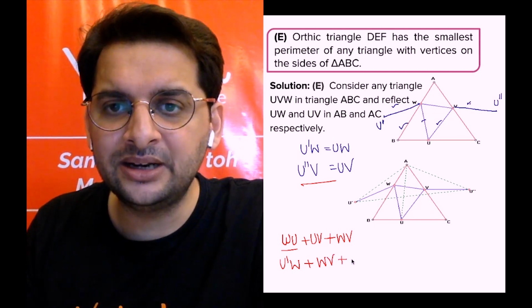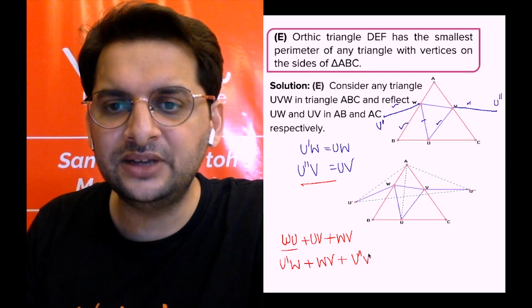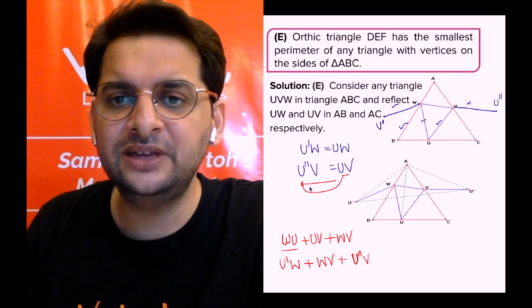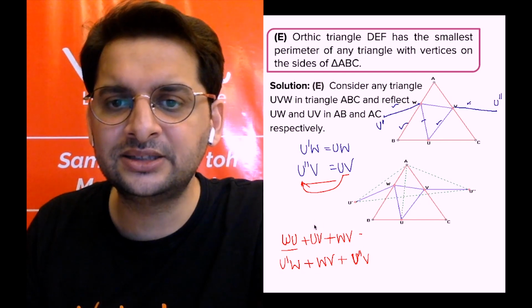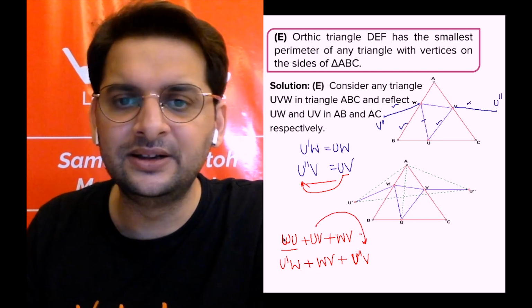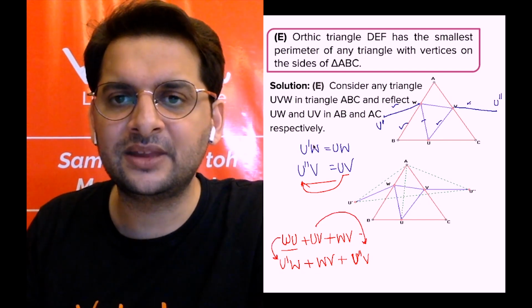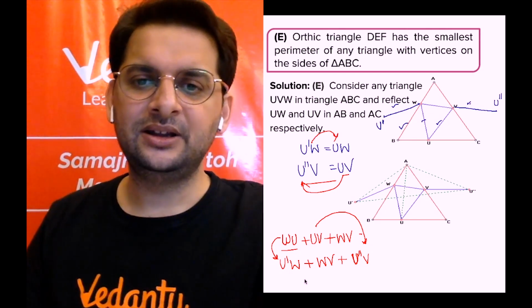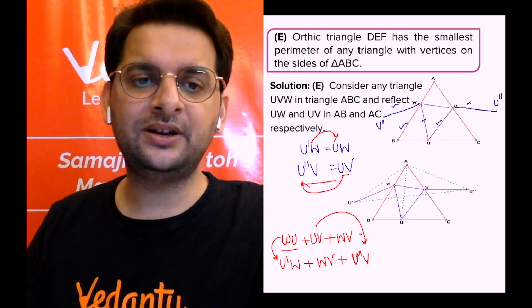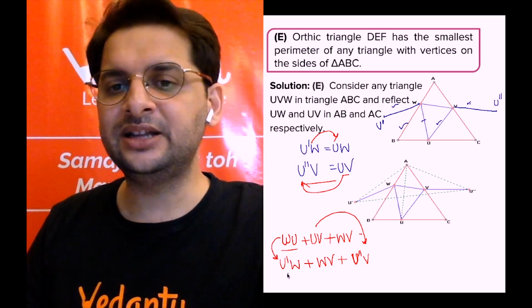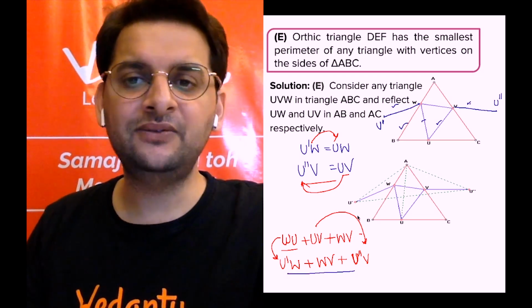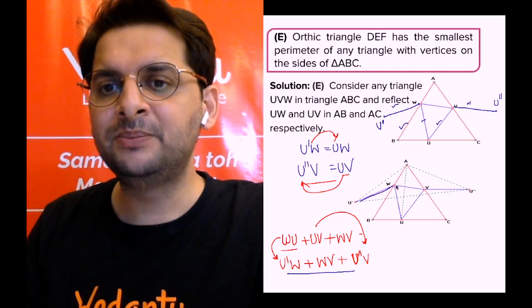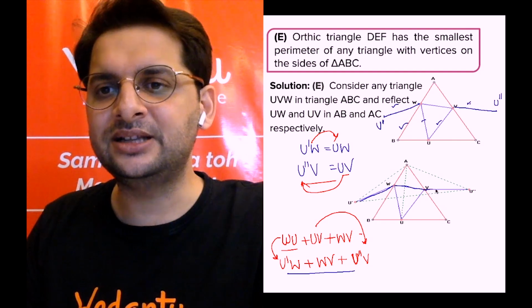And UV can be written as U double dash V. So we've written this as this and this as this, as we proved. Now see. So instead of taking the original sides, now we're taking these three sides and see what these sides are. So U dash W, so this length, plus this length, plus this length.